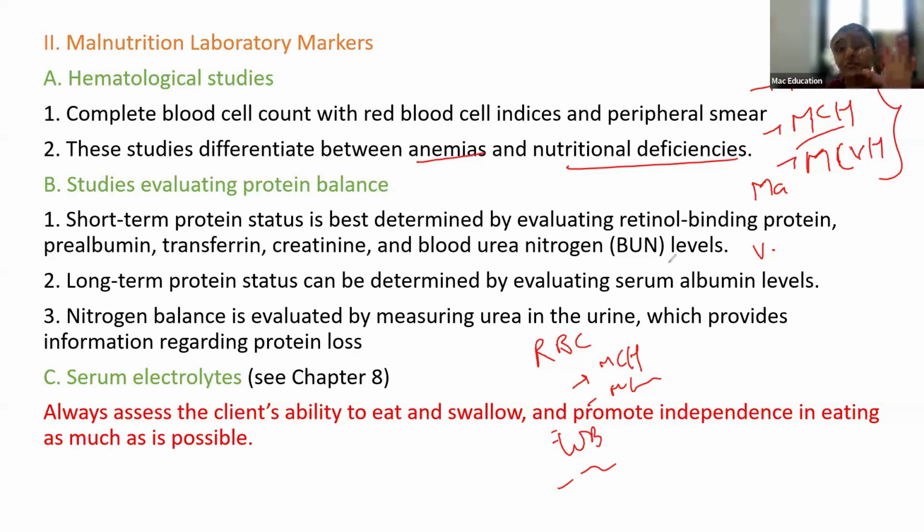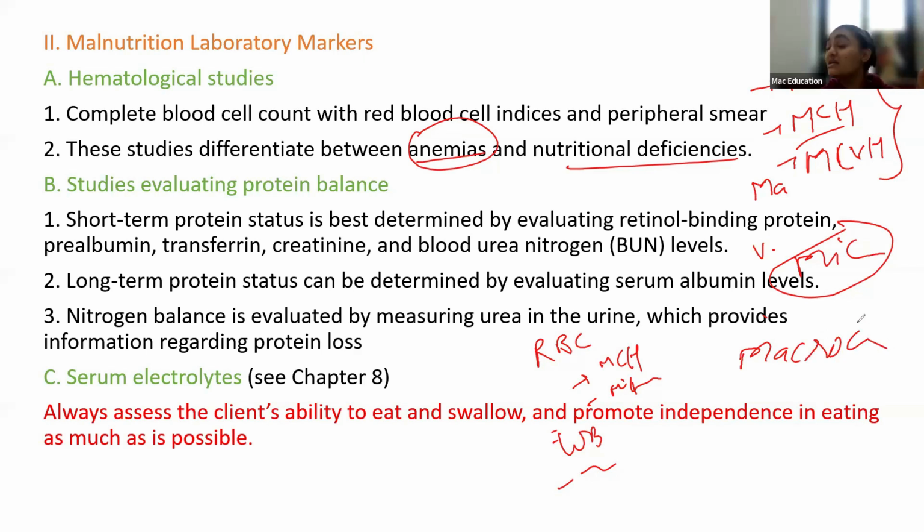Through this test, we can identify the type of anemia. If the MCV is microcytic, then we can identify the patient is experiencing iron deficiency anemia. If the blood report suggests the cells are macrocytic, then we can identify the patient is experiencing vitamin B12 deficient anemia.